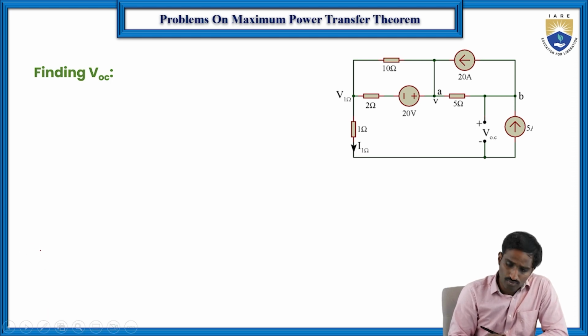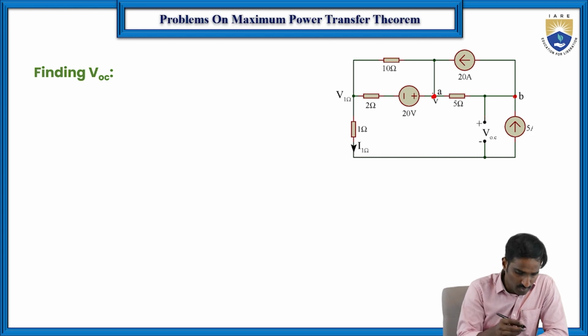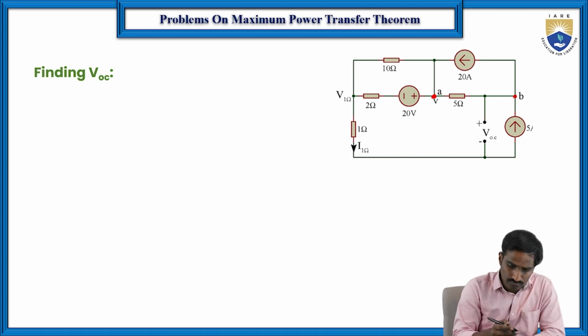Here this is VA, and here it is B. First let us try to find VA, which is nothing but V minus.